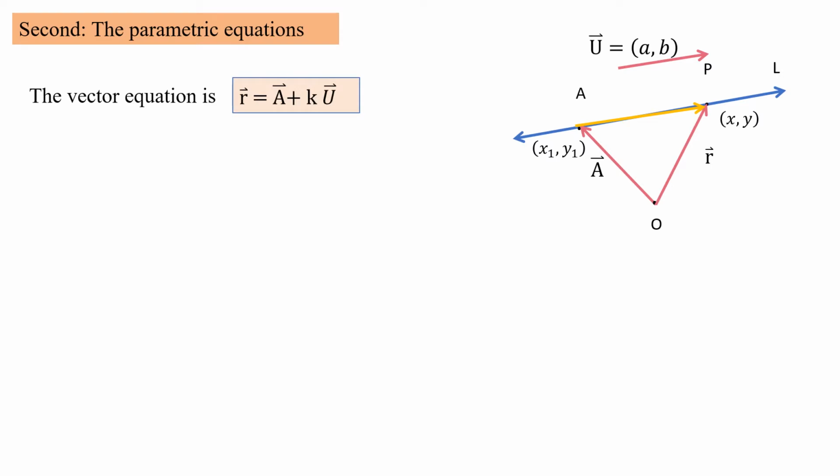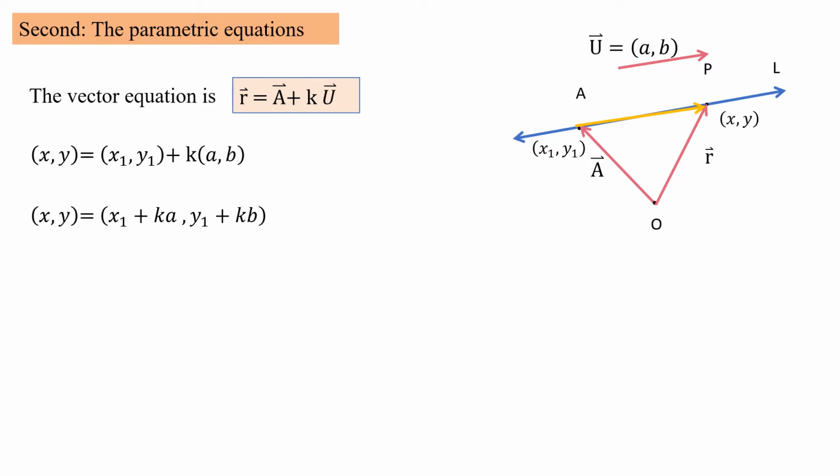So we know before in last video the vector equation R equal vector A plus K times vector U. So we can replace R by x and y, and A represented by x1 and y1 plus K multiply vector U, which represented by a and b.